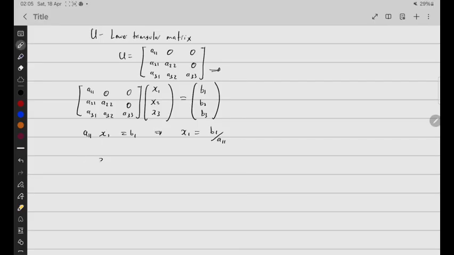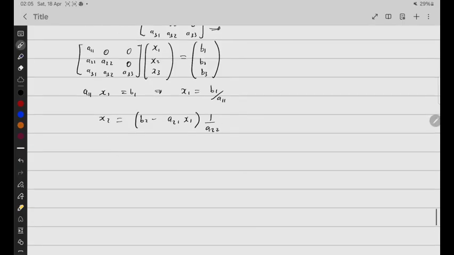So we shall also say that my x2 is going to be b2 minus a21 x1, and this is out of a22.